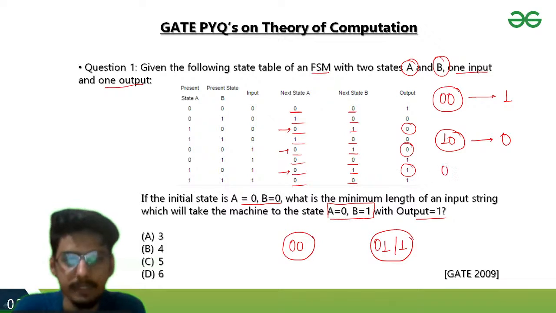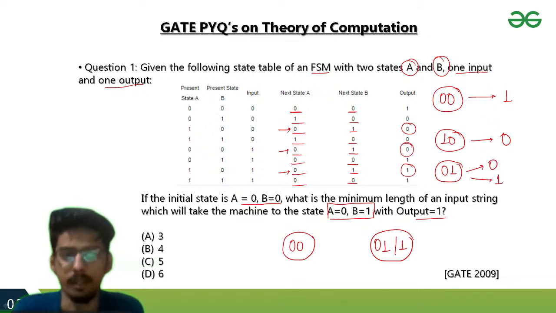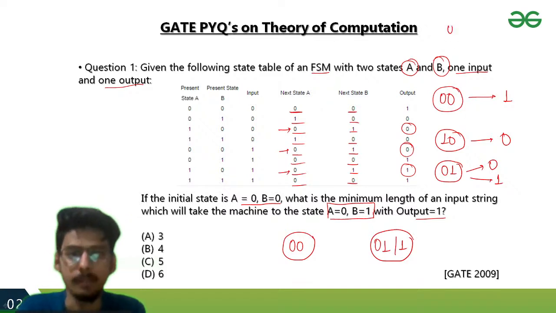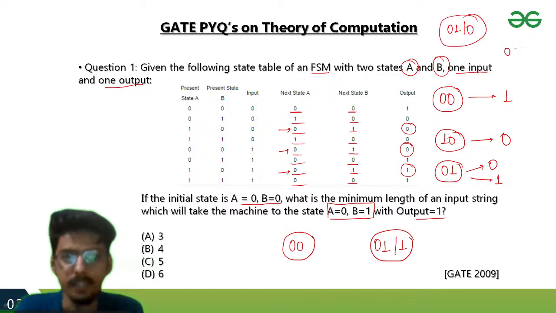So 0 1 is a state which is producing two outputs, right? It is producing 0 as well as 1. So I will have two states for 0 1. One state will be 0 1 slash 0, which tells me 0 1 with an output 0, and the other state will be 0 1 slash 1.